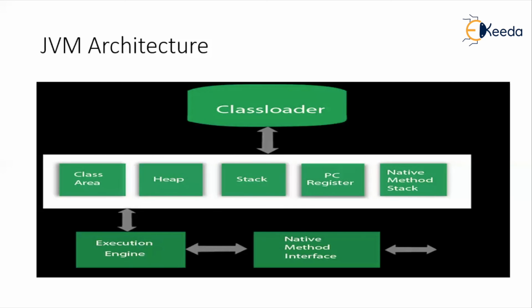So if my basic application is in Java and I want to communicate with some other application developed in a language other than Java, that facility is provided by the native method interface. So this is an overview of the internal structure or architecture of JVM.